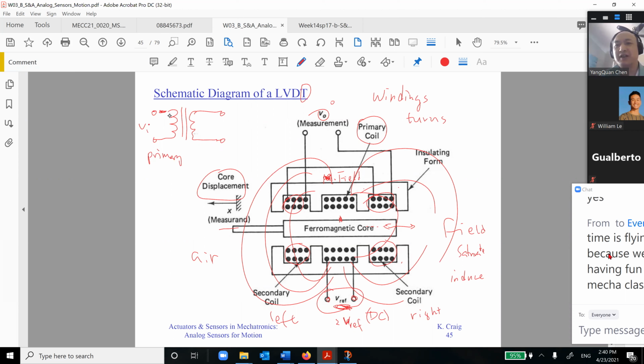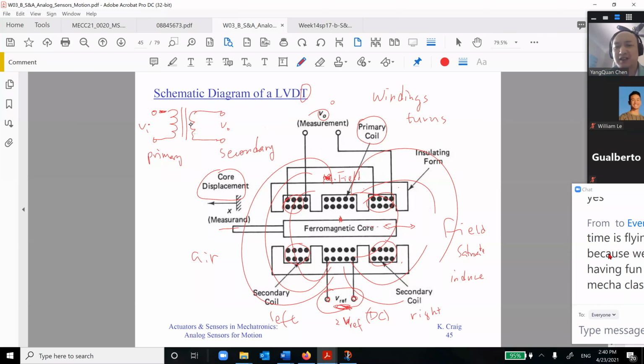This is VI and VO, input and output. This is called a transformer, primary and secondary. This is exactly the same.